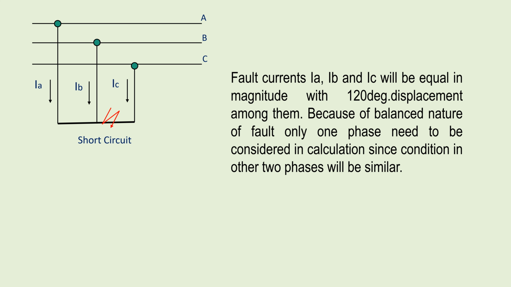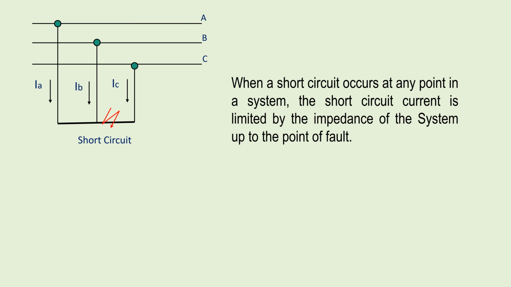Because of the balanced nature of the fault, only one phase needs to be considered in calculation, since conditions in the other two phases will be similar. When a short circuit occurs at any point in a system, the short circuit current is limited by the impedance of the system up to the point of fault.